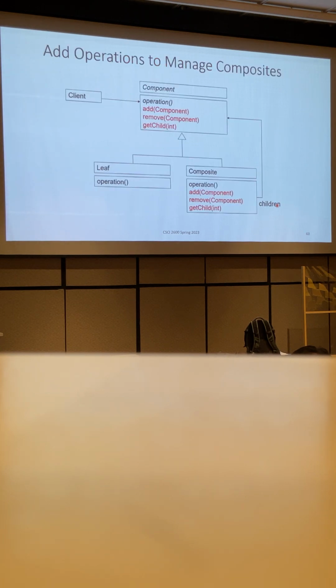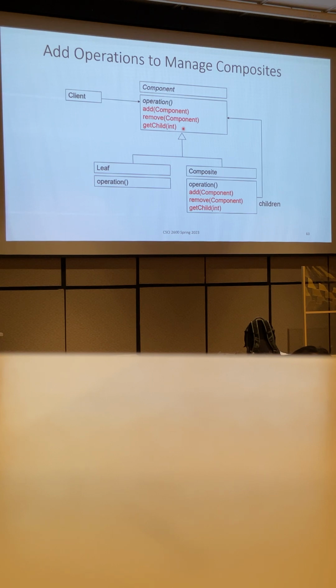Now, what if we want to add flexibility to the hierarchy that we constructed with the composite pattern? There are changes that we can support, right? So we can add and remove methods so that we can add new components or remove existing components, and list children, right?